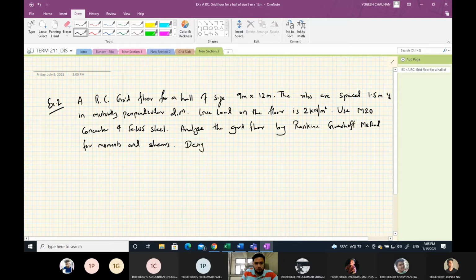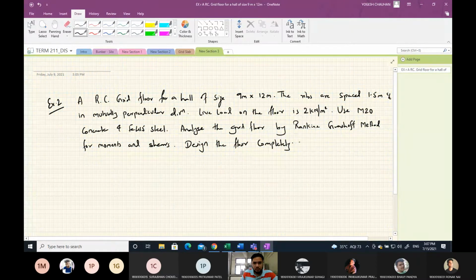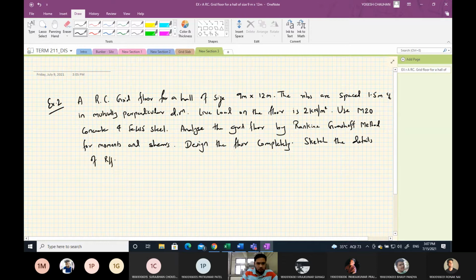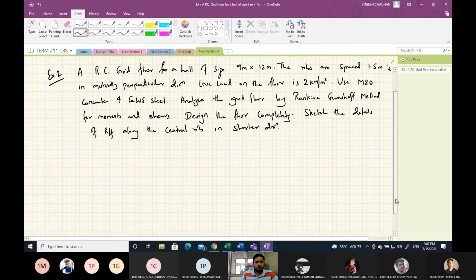Design the floor completely. Sketch the details of reinforcement along the central rib in short direction. Okay, so let us solve this.